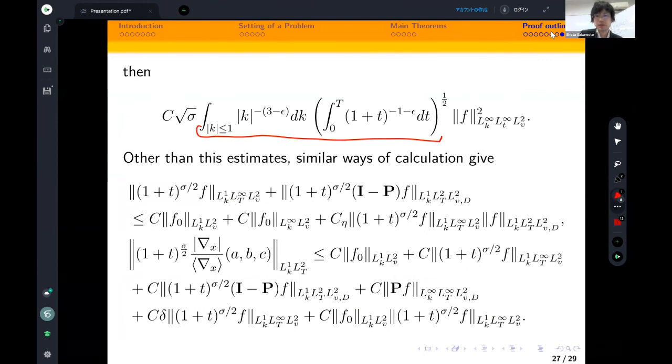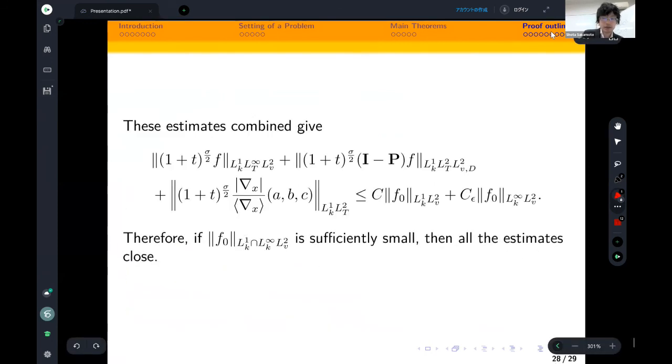And here we have the L infinity k part, but this is bounded by the previous step. So we can close the estimate. Sorry, I don't have time to explain this part, but I just say we can close the estimate by L1k and L infinity k.